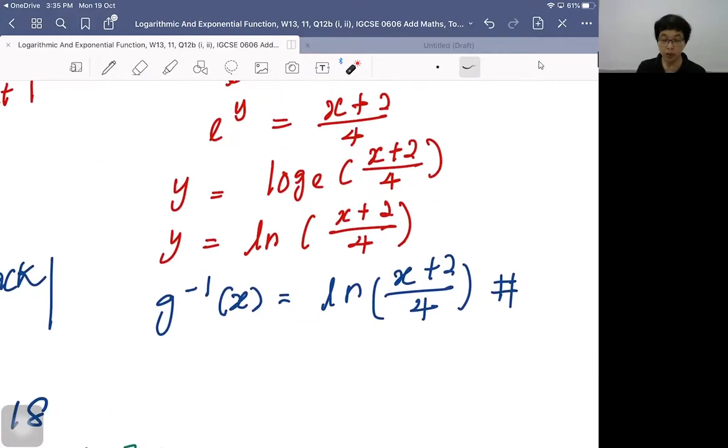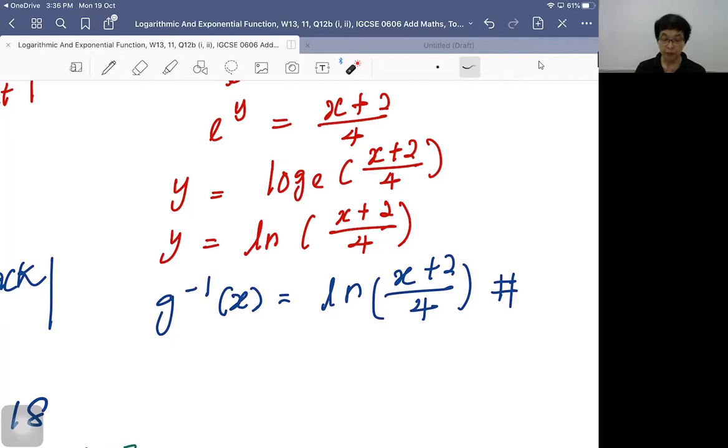Now we proceed. The notation log base e, we simplify and represent by ln. So now we have got this whole statement, and that signifies you have completed the inversing of the function.